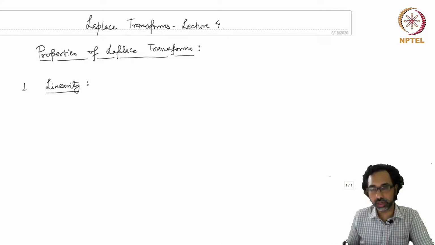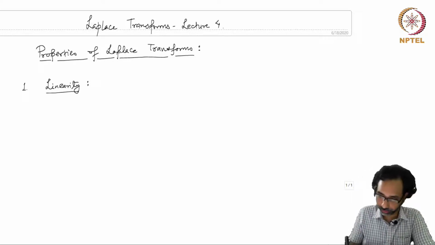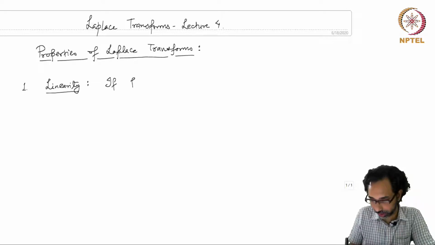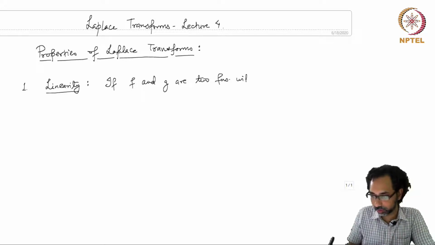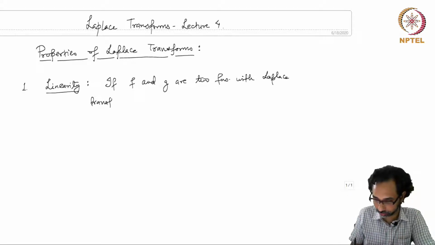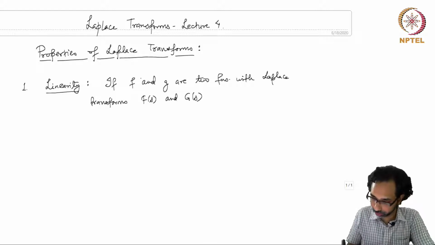Let us begin with the linearity property of the Laplace transform. It says that if f and g are two functions with Laplace transforms capital F(s) and capital G(s), so our functions are variables in t, and the Laplace transforms are variables in s.